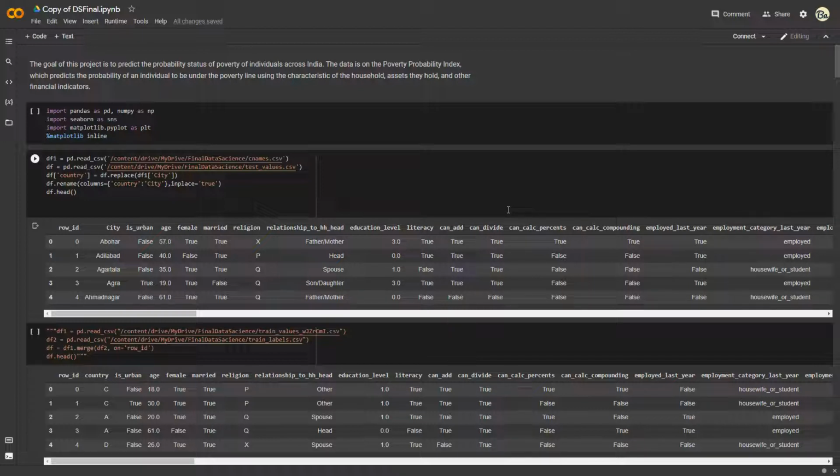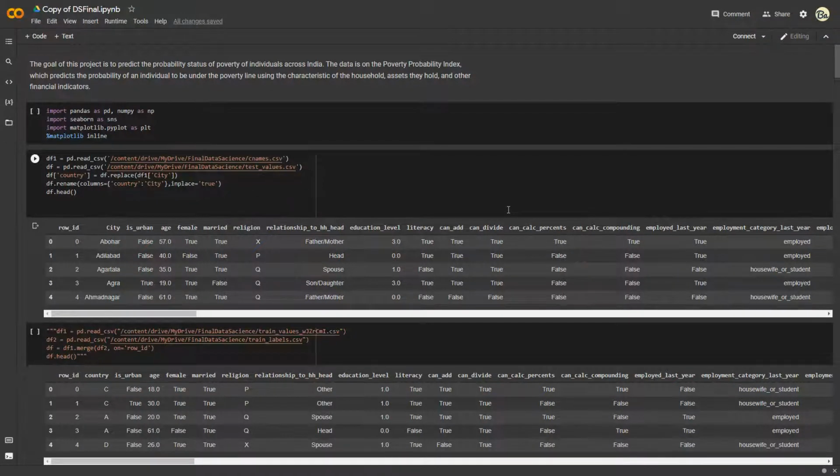For that analysis, we use various Python libraries such as Pandas, Seaborn, and Matplotlib, and we read the data through that, which determines whether the person is urban or not, the age factor, the relationship factor, education level factor, literacy level factors, and so on.